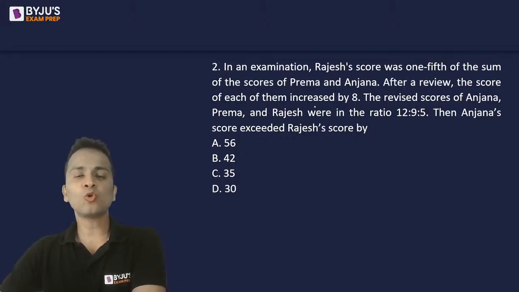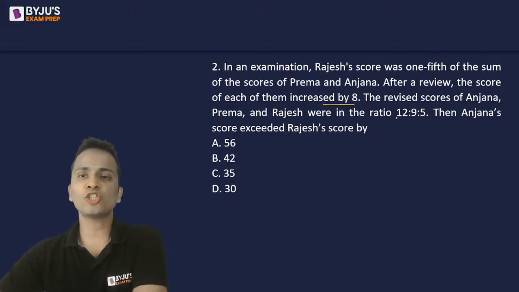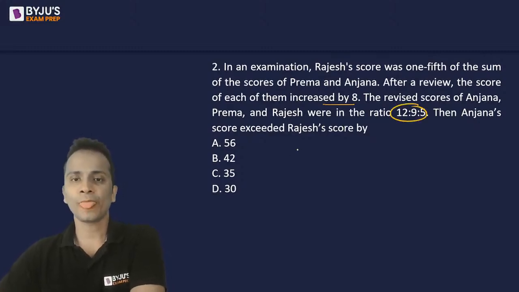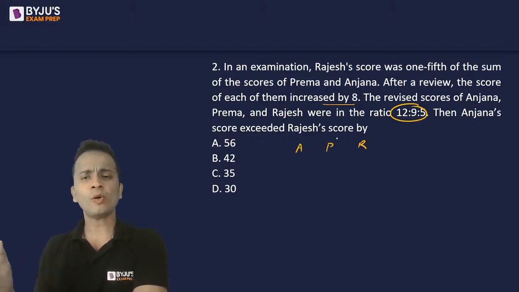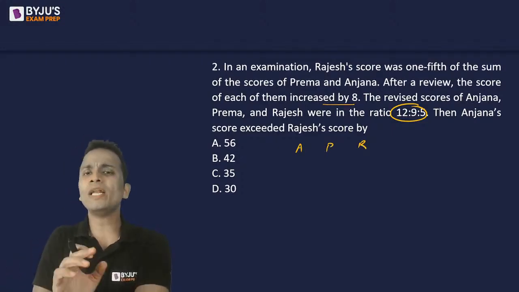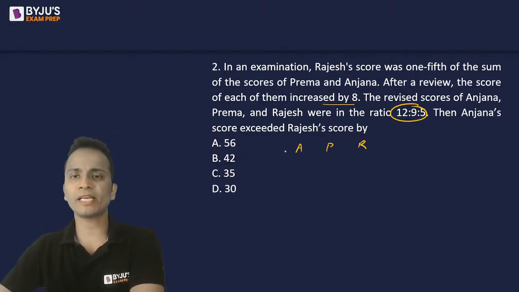Now, after a review, the score of each of them increased by 8, and the revised scores are in this ratio for Anjana, Prema, and Rajesh. So I'll do a little bit of backtracking. Okay? So the scores after revision, the revised scores are in the ratio 12 is to 9 is to 5.